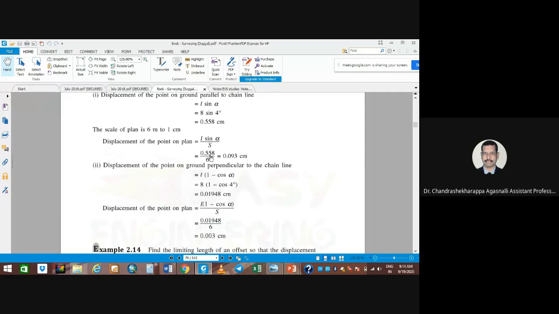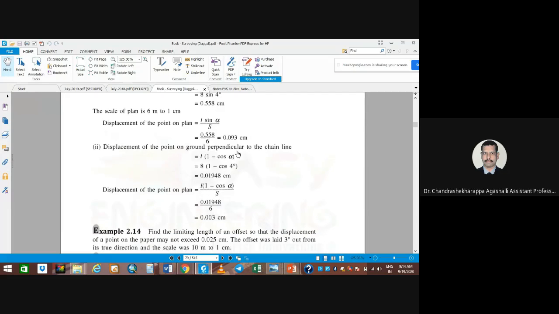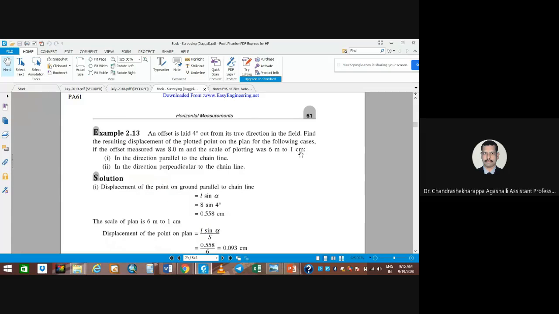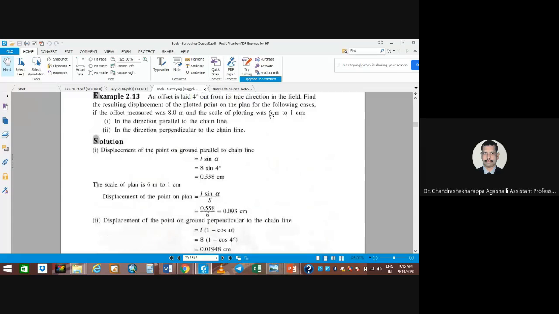And the displacement perpendicular to the chain line is equal to L times (1 minus cos alpha). You can calculate cos alpha from the calculator and you will get these values. The displacement of the point on the plan is then calculated the same way.